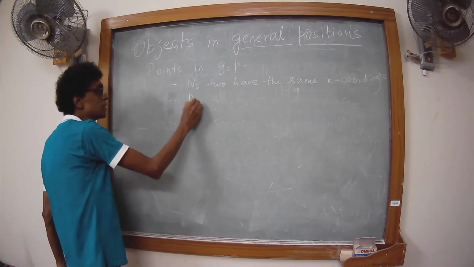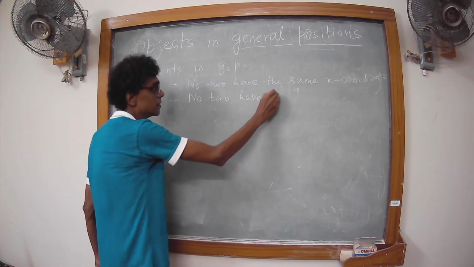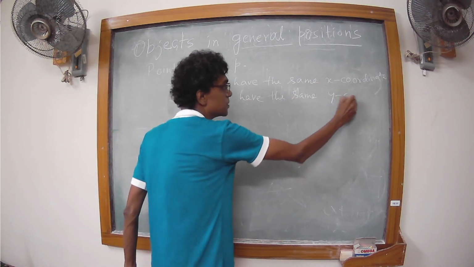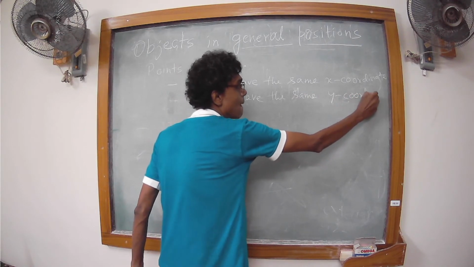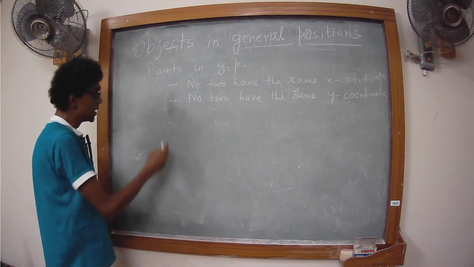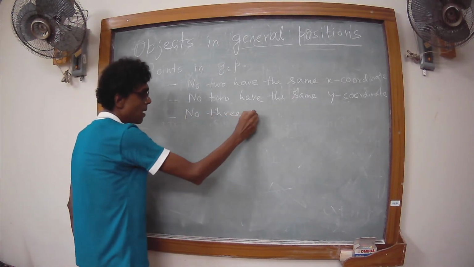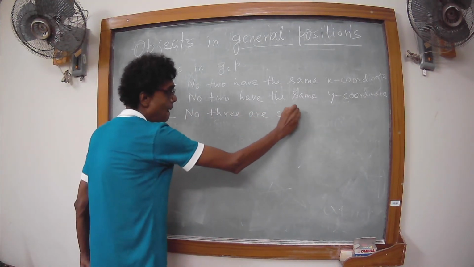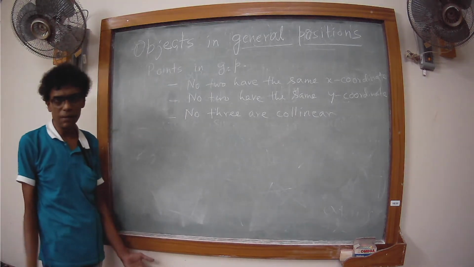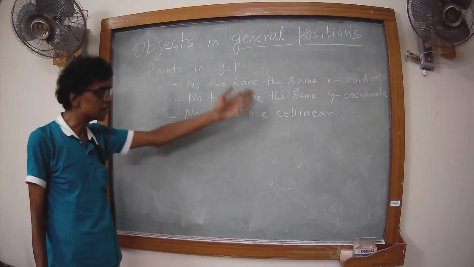It may also mean no two of the given points have the same y coordinate. Okay, it may also mean that no three are collinear. Depending upon the context, it may mean many other things.